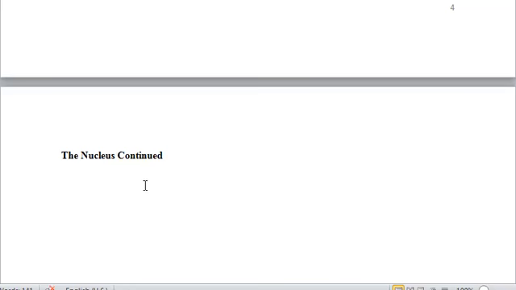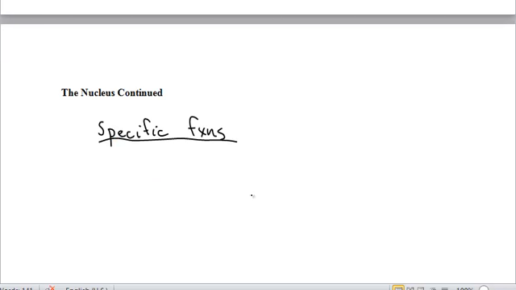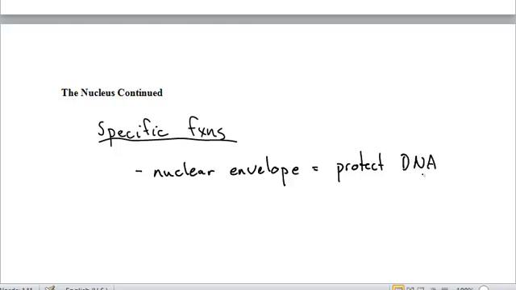Now, with respect to specific functions of the nucleus or parts of the nucleus, we have the nuclear envelope, which protects DNA, and separates nucleoplasm from what?